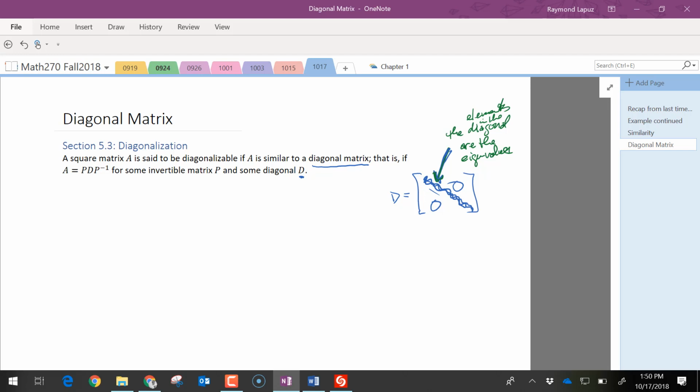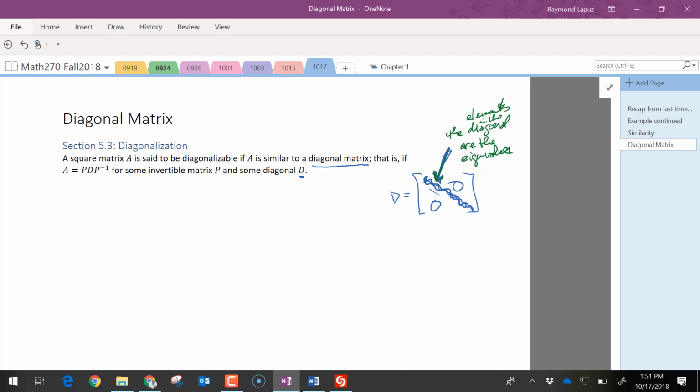Okay? What if we turn that thought around? If I give you a diagonal matrix, you can just look at it and say, oh, the eigenvalues are going to be whatever the diagonal is, right? So what if I turn that around and say, okay, this matrix A has eigenvalues 1, 2, and 3.